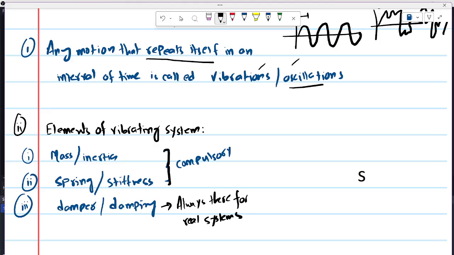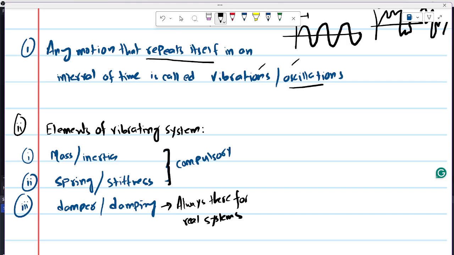So what do we mean by the elements of a vibrating system? If we see what's actually happening in the vibrating system, a mechanical vibrating system is nothing but, you can call it, an invisible dance.